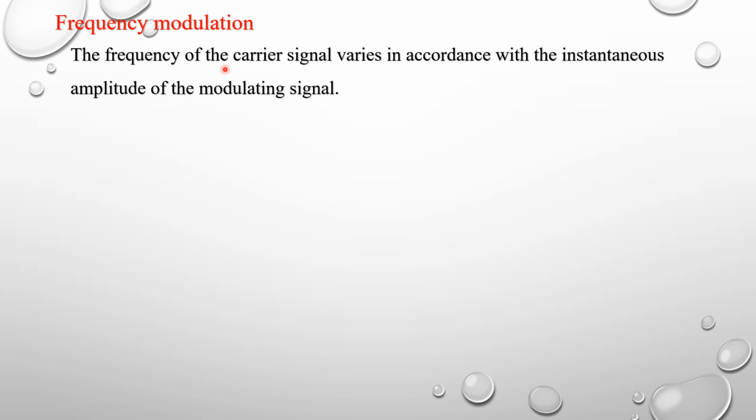In amplitude modulation, the amplitude varies with respect to the message signal, while frequency and phase are constant. Here in frequency modulation, amplitude is the constant factor, and frequency or phase varies with respect to the modulating signal.